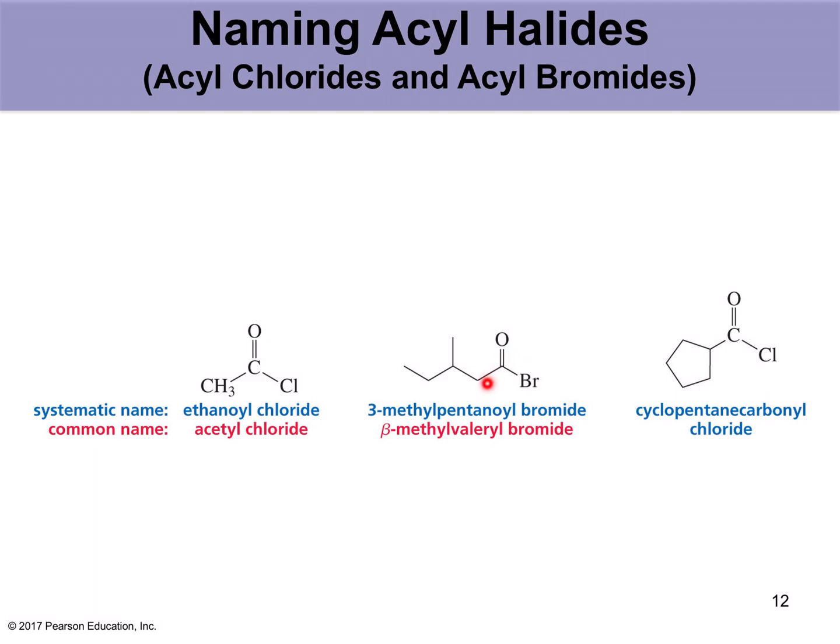This is 1, 2, 3. On the third position we have a methyl group. 4, 5. So 3-methyl, 5 carbons long, pentane. If it is an acid, it would be pentanoic, but since it's an acyl halide, pentanoyl. 3-methylpentanoyl bromide, or beta-methylvaleryl bromide.